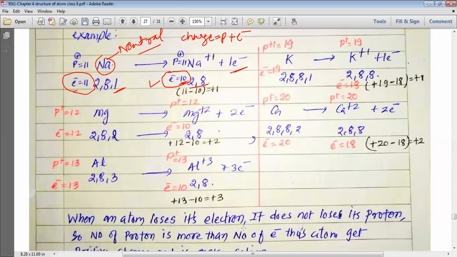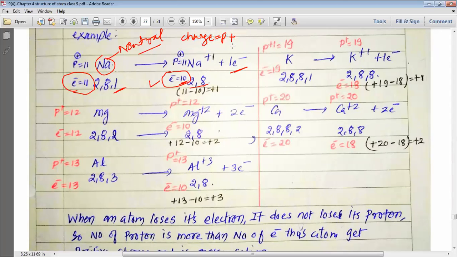My dear student, we can calculate the charge very easily. Now here the number of protons in the Na plus 1 ion is 11.